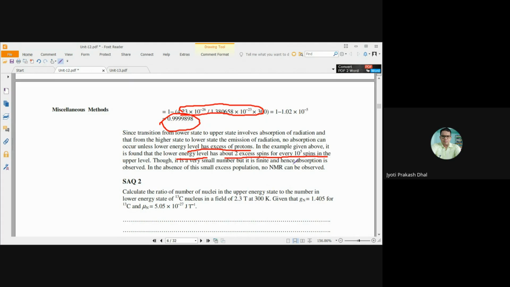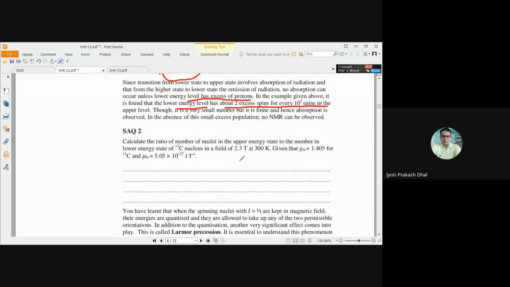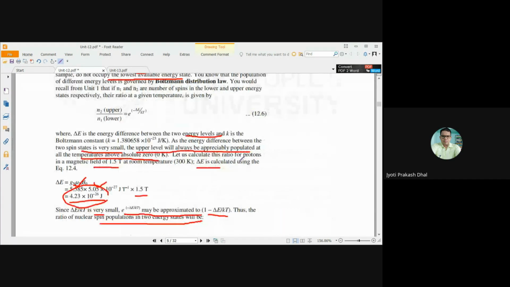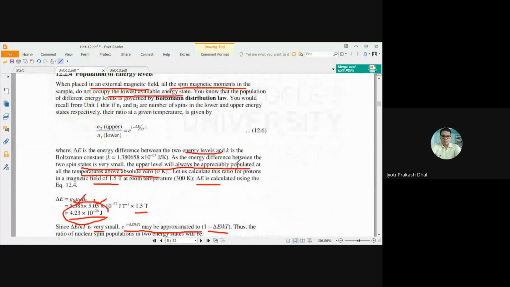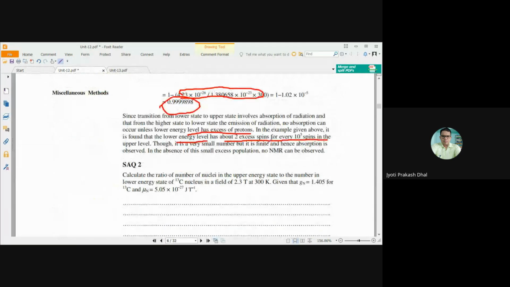That means only 2 excess spins will be there at the lower energy level. As the energy difference is very small, almost the same number of nuclei occupy the lower and higher energy levels, with only 2 excess spins in the lower energy level.